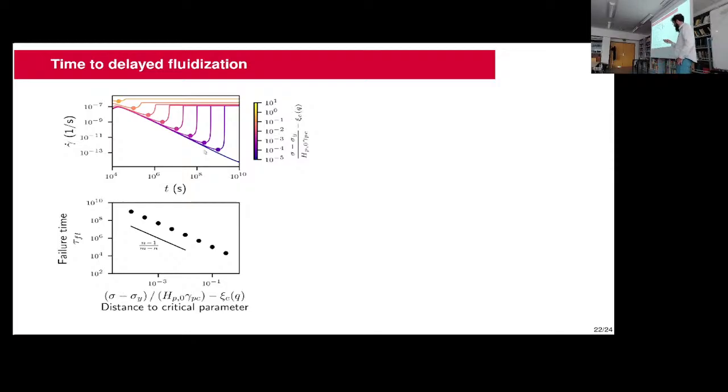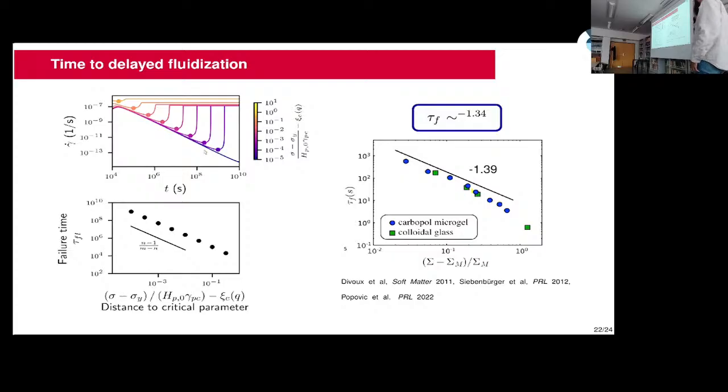But this can actually be compared to experimental measurement of such fluidization time on two different materials. We have here carbopol and colloidal glasses. This is a plot from another study that also tries to predict the scaling of the fluidization time, and they do it by assuming that everything is near steady state, which we've seen in the previous slides is not always true, but anyhow, they still find an exponent that matches quite well the experiments.